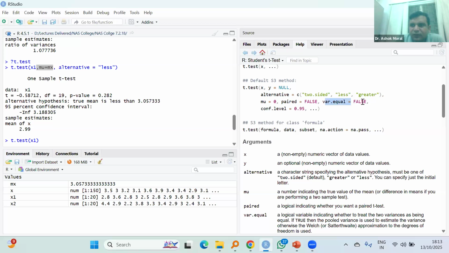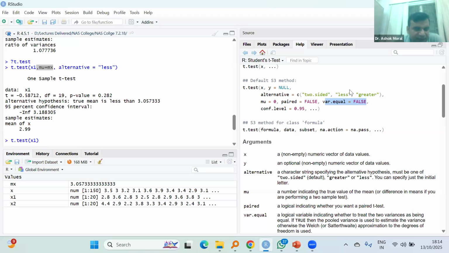Then next, var dot equal. So what is var dot equal? Var dot equal means whether the variance of both the groups is the same or not.